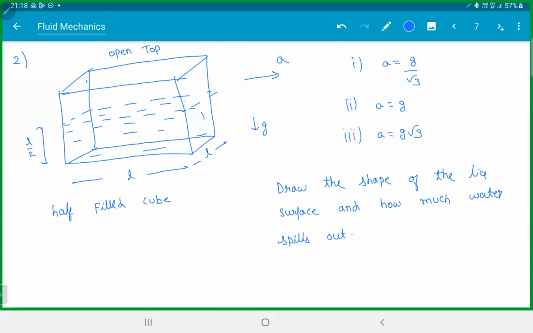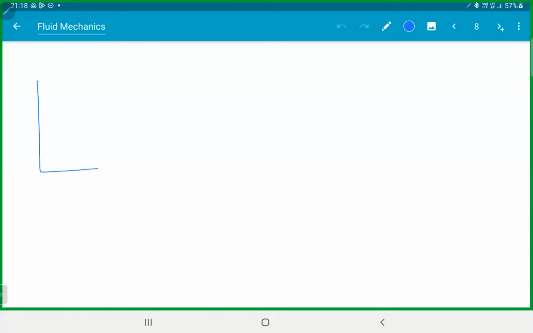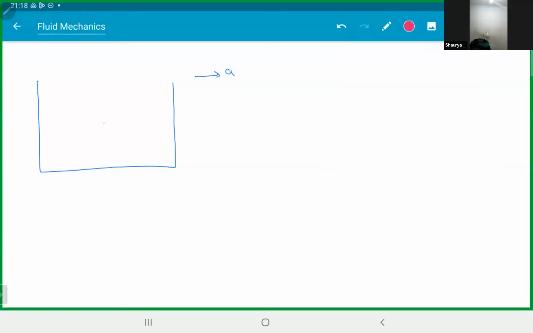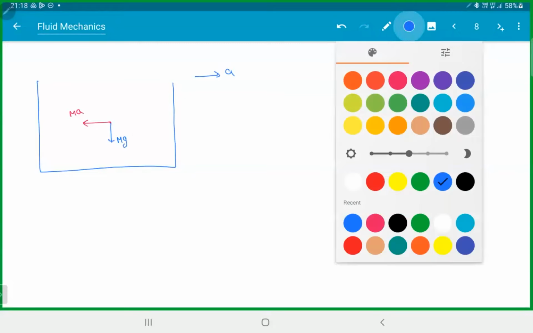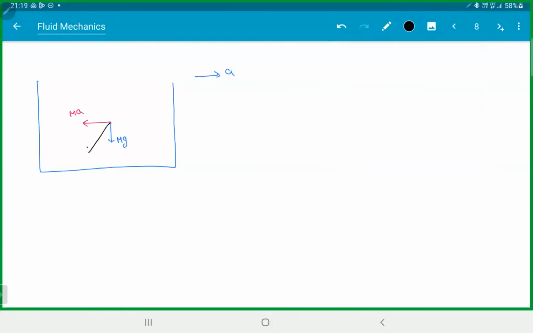How to do it? Let me show you a general method, okay? Let's say this is the container, and it is accelerating forward. How is the pseudo force? Backward. The gravity is downward. So the resultant force will be somewhere in the middle like this. This is F net.